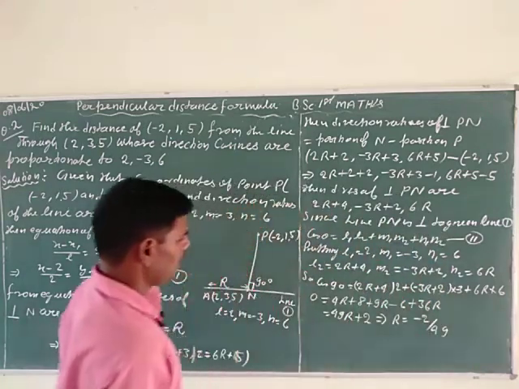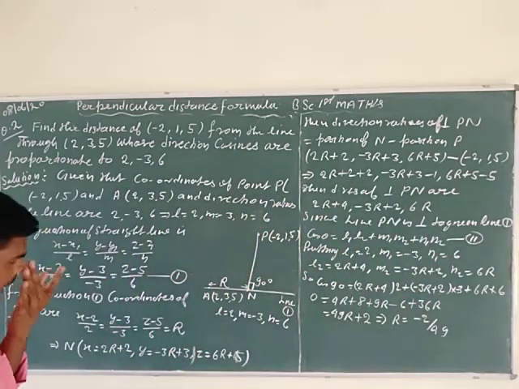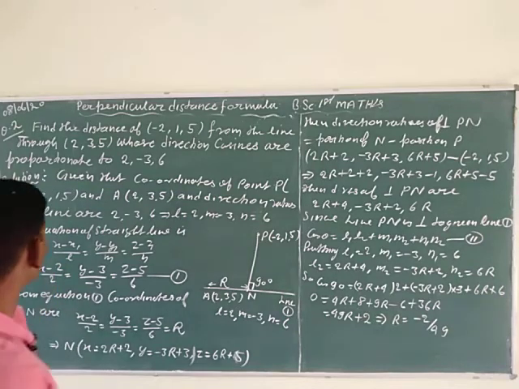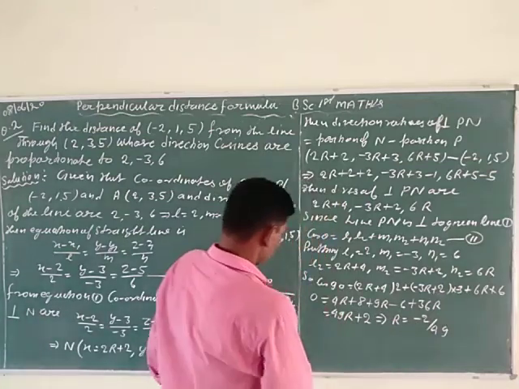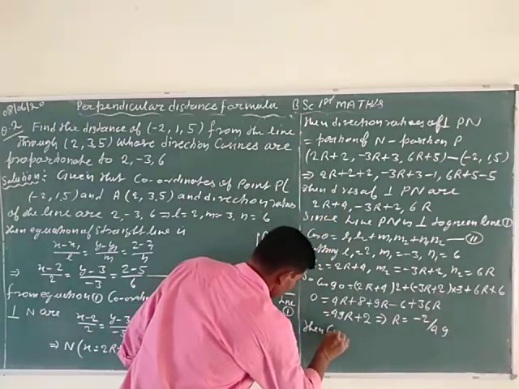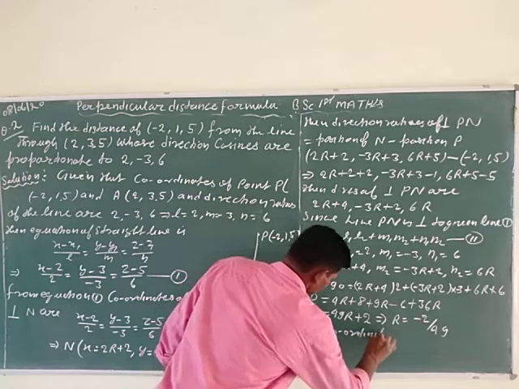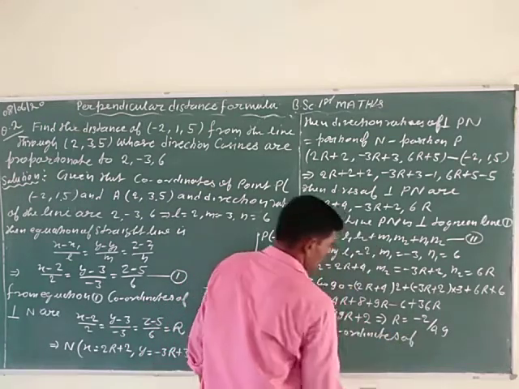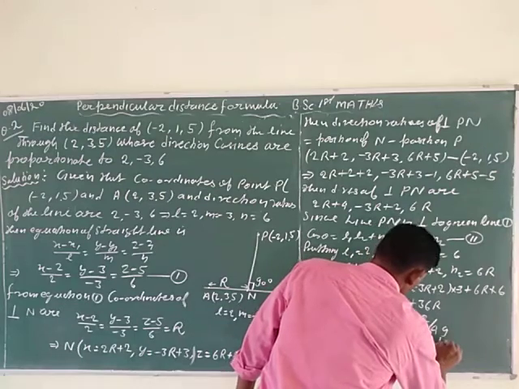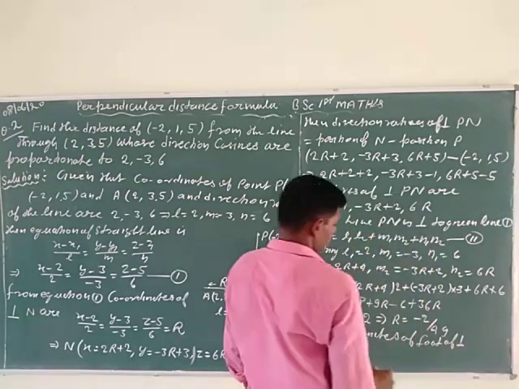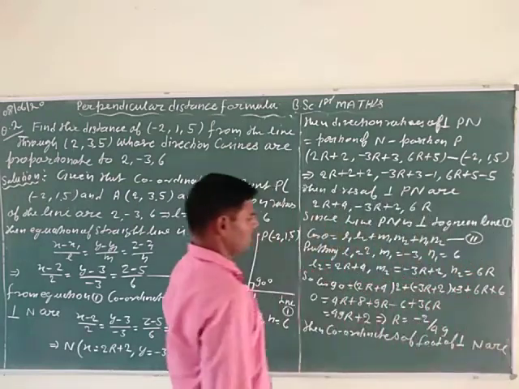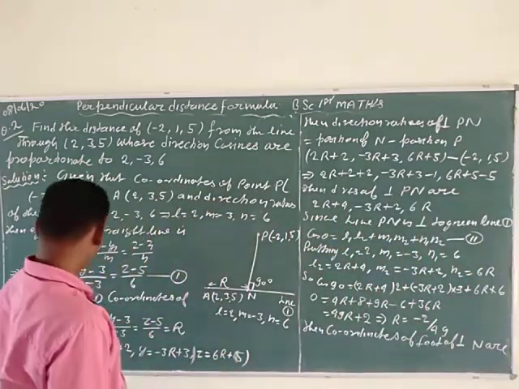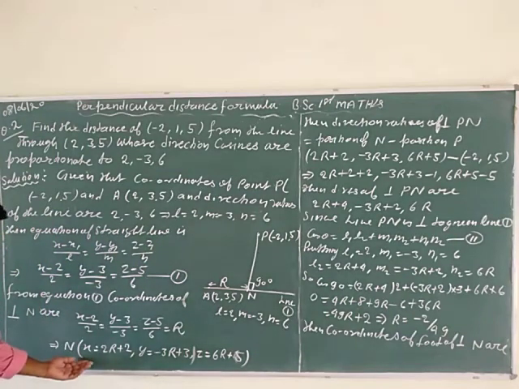Putting the value of r is equal to -2 by 49 in the coordinates of capital N, means the coordinates of the foot of perpendicular, point capital N. Here these are the coordinates of capital N, the foot of perpendicular.